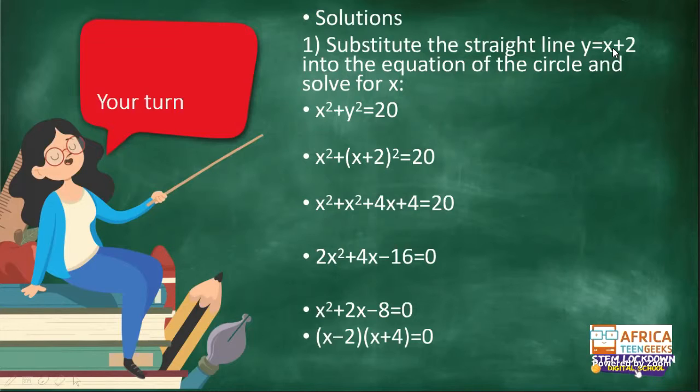And this line, y equal to x plus 2, is the one that cuts the circle at those 2 points P and Q. That's why you can substitute y into the equation of the circle, and you end up with a quadratic equation. After that, you solve it, and it gives you the 2 x coordinates for P and Q.